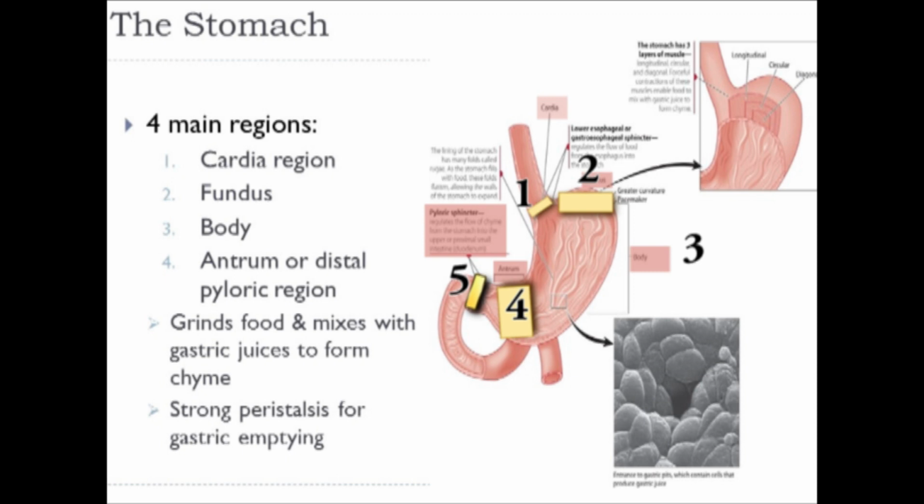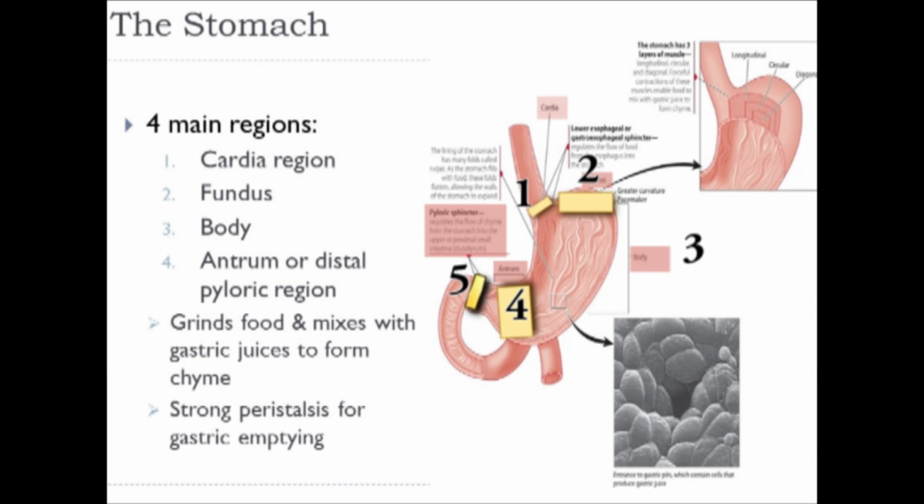And so this is the region where you have the parietal cells that are secreting both intrinsic factor and also hydrochloric acid. Number 4, the preparation, and number 5, the pyloric sphincter, which is the muscle that releases the chyme into the duodenum. So what you take from this is the stomach is a place of strong peristaltic movement, and it's from here that we also have gastric emptying, right?